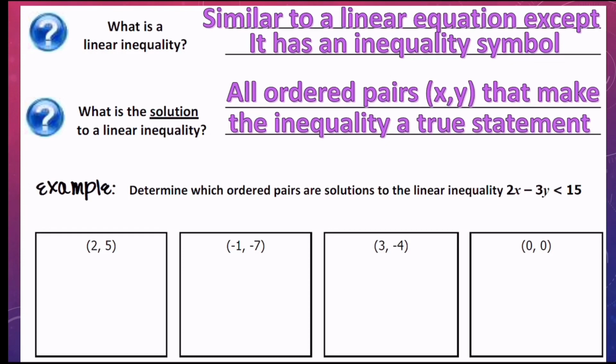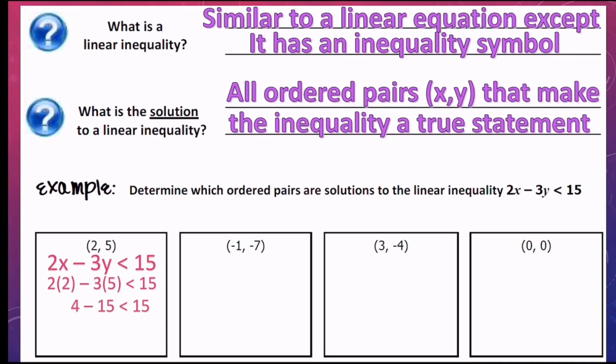So let's look here. You have 2x minus 3y is less than 15. That's in standard form. But all I'm doing here is determining if the ordered pair (2, 5) is a solution. So I take my inequality, I replace x with 2 and y with 5.